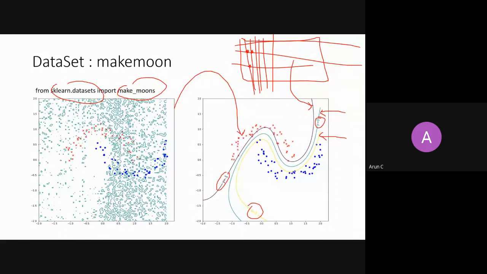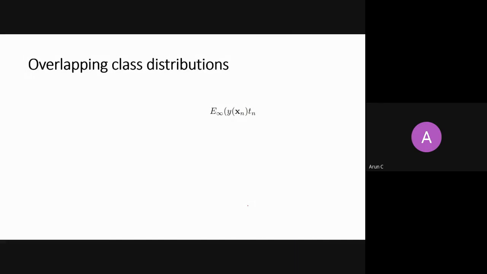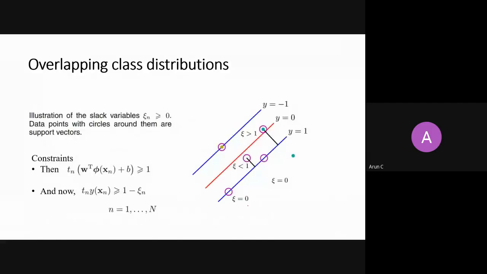Fine. So tomorrow I will start with this where we can actually accommodate the errors, right? I will discuss one more version of support vector machine, which is known as soft margins.